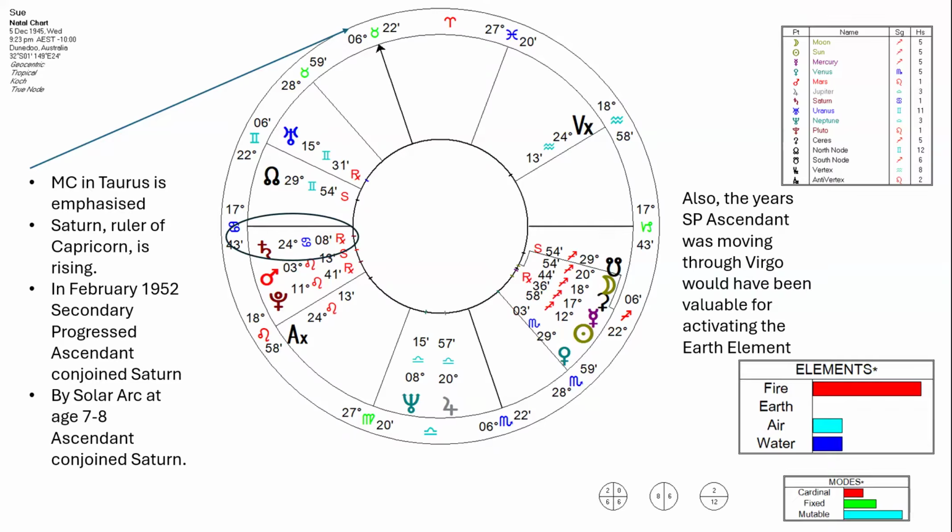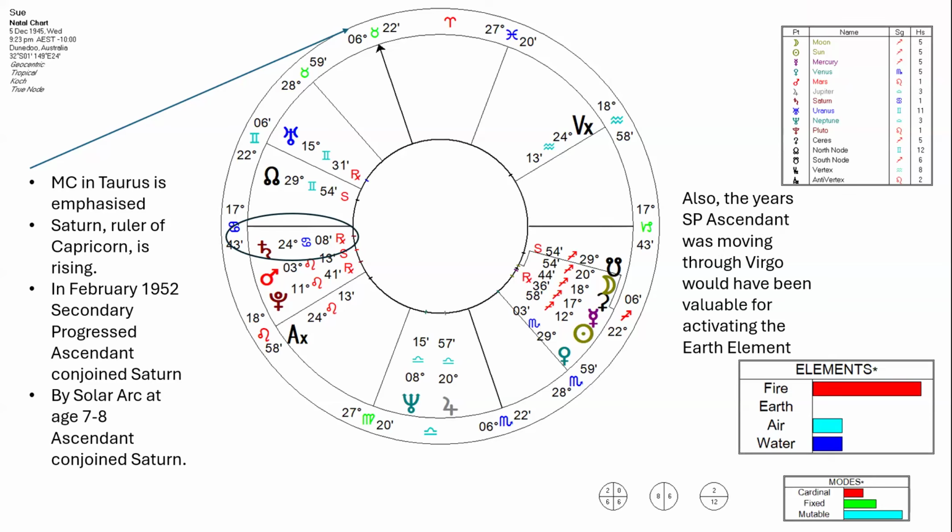Oh, right. Yeah, that makes sense. That would have been a very long period, really valuable for activating the earth element. And I have found that when the secondary progressed ascendant is going through a sign where there are no planets activating that sign, that is a very important and powerful time for the person.